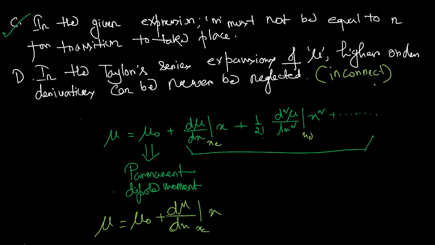Next, let's do the mathematics, a little bit, not the whole thing. As I mentioned, mu is written as mu 0 plus mu dash x.